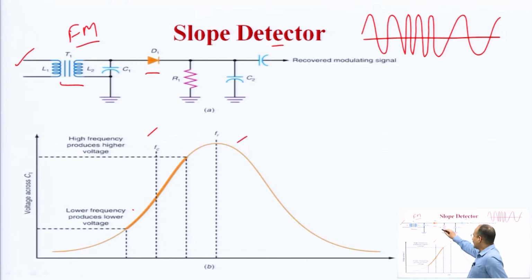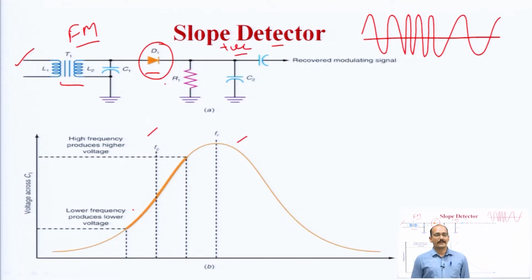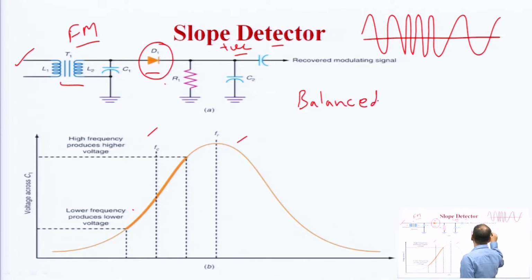But in this diagram you can see that we are using only one diode, connected in one direction, and that converts only the positive cycle of the FM signal. That is why, in advanced circuits, we use balanced slope detectors.